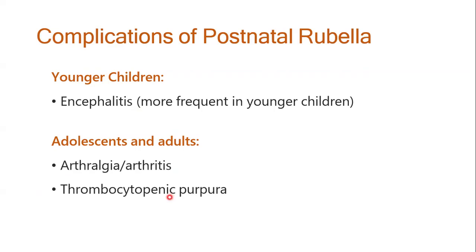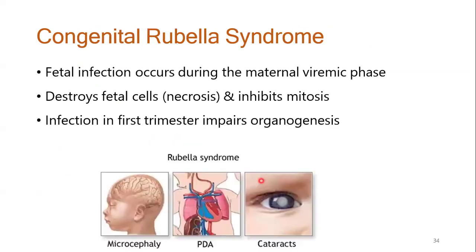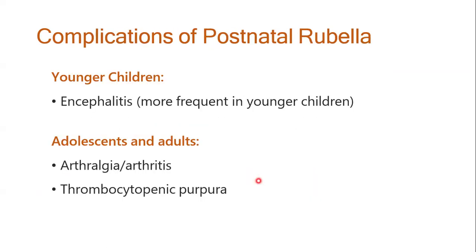If I was to explain this, thrombocytopenic purpura are similar to rashes, but they are also pinpoint sort of rashes. They're not really rashes because the main constituent of those rashes are platelets.